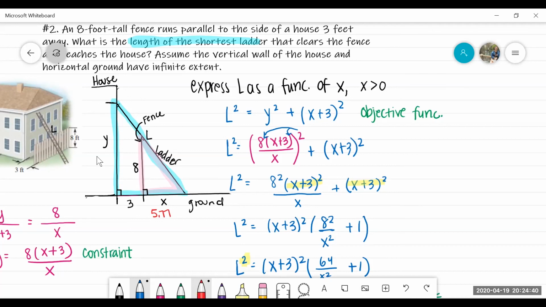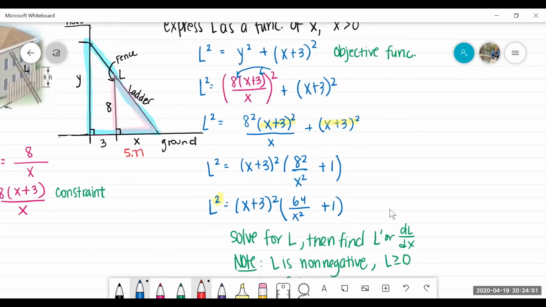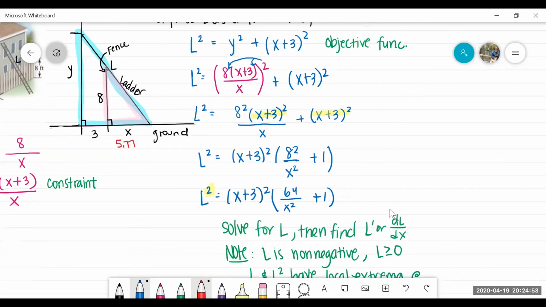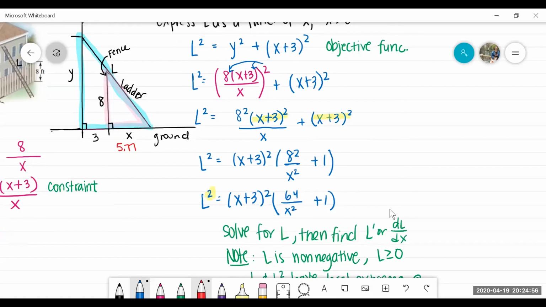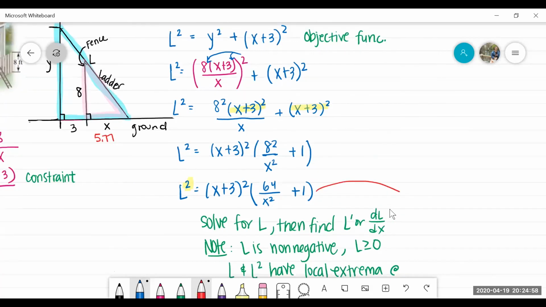So is it possible for us to find the value of L? I think it is. And I think I'm going to use this L squared before we took its derivative. So from here, if x is 5.77, we get L squared equals 5.77 plus 3 quantity squared times 64 over 5.77 squared plus 1.